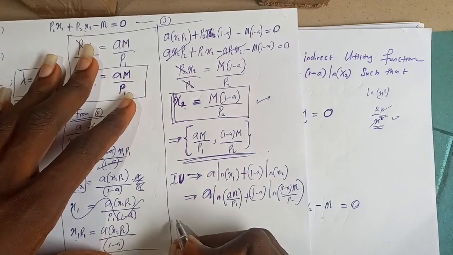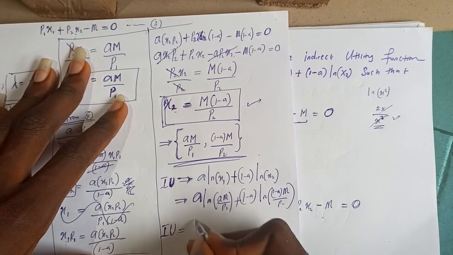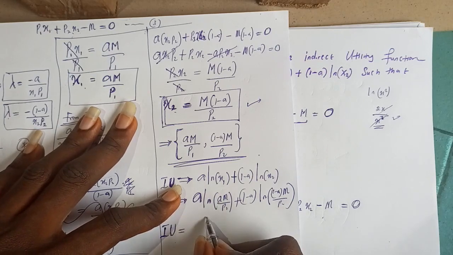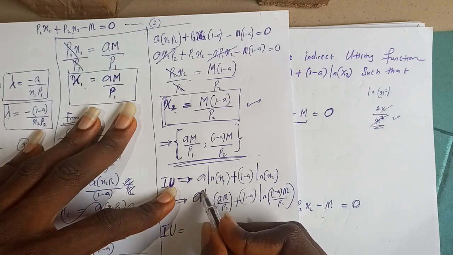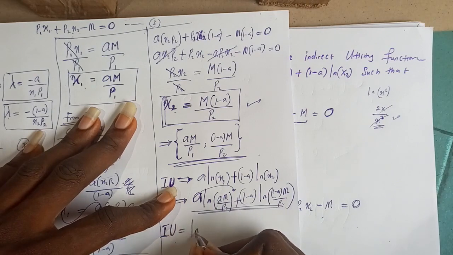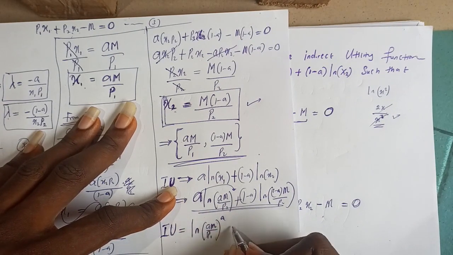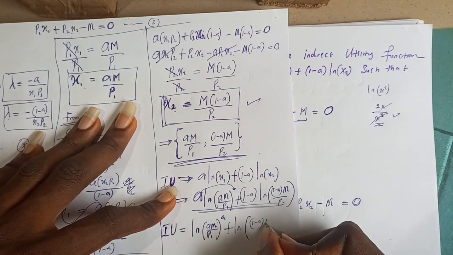So therefore, the indirect utility function is equal to, so let's just write it very well. Can I write this in another format, that is, this a goes up here. So you can leave your final answer like this, or you go ahead and simplify. I have ln of a m over p1 raised to the power of a, plus ln of 1 minus a m over p2.